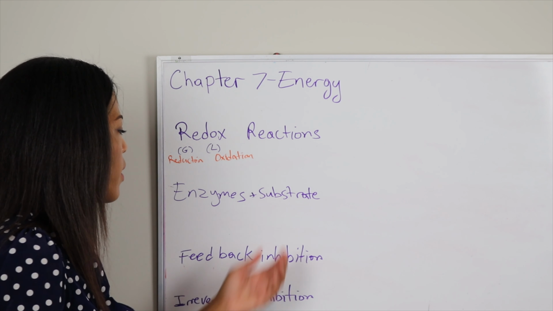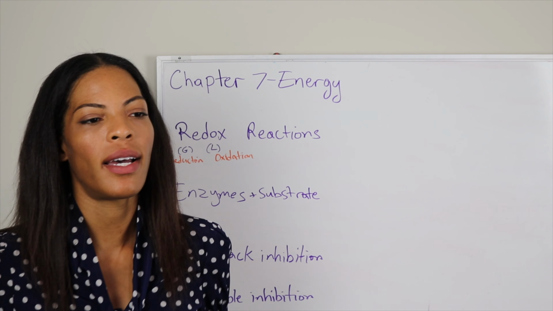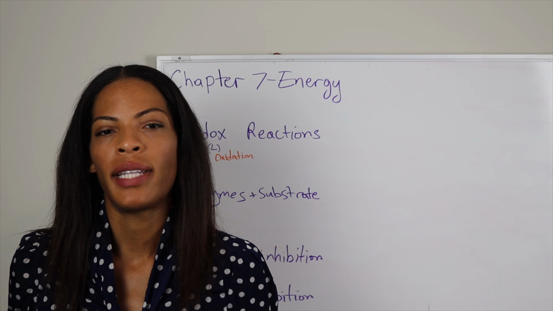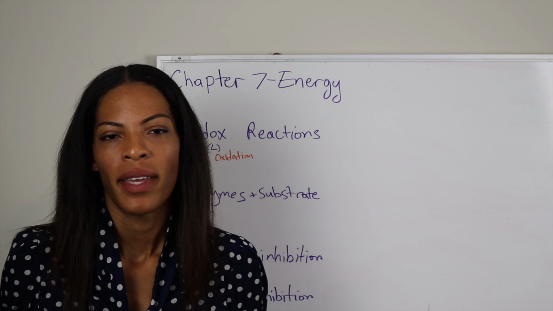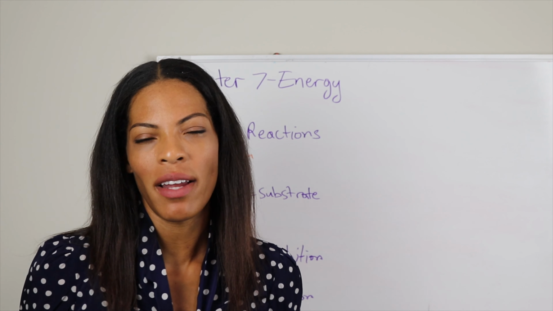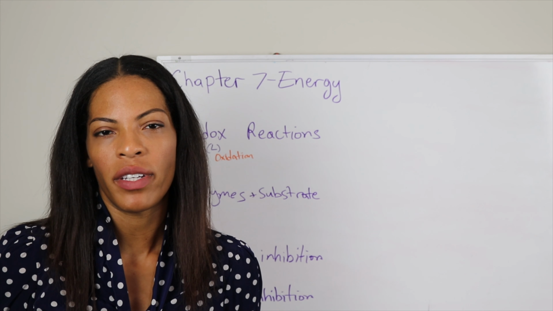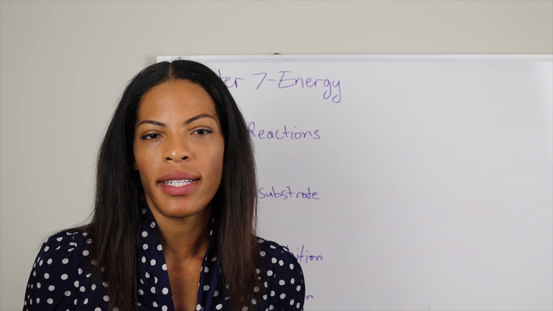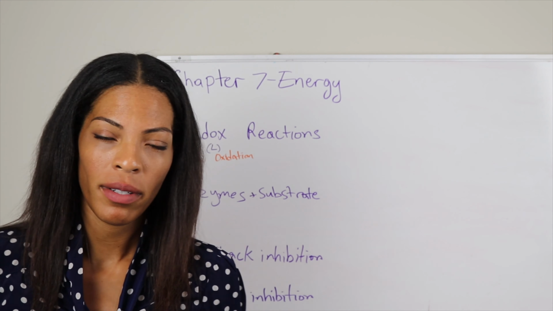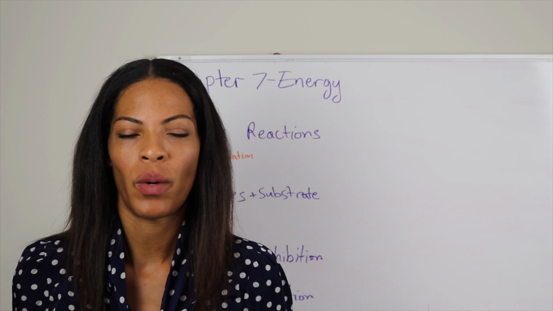Now, another thing I want to talk about here is enzymes. Enzymes are a really important aspect of biology, because reactions sometimes take place at a slow rate. They're not necessarily very efficient processes, but enzymes are specific kinds of proteins that can help reactions take place much more quickly.